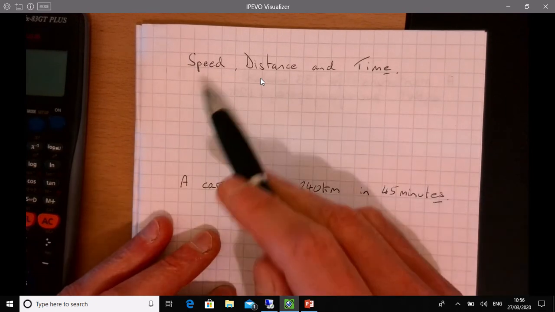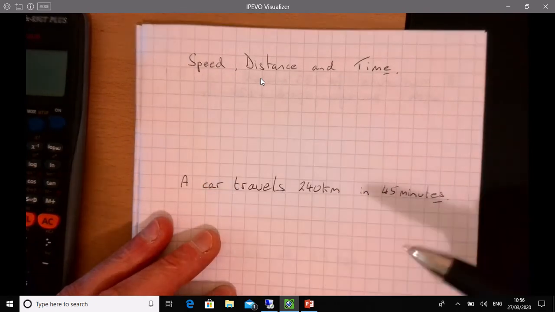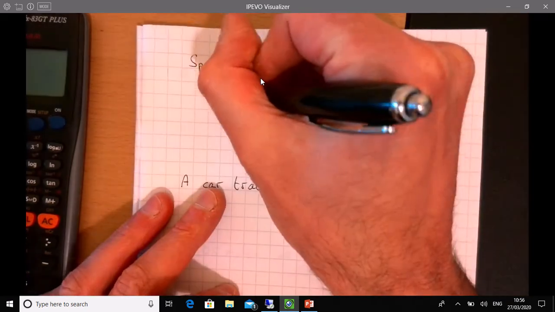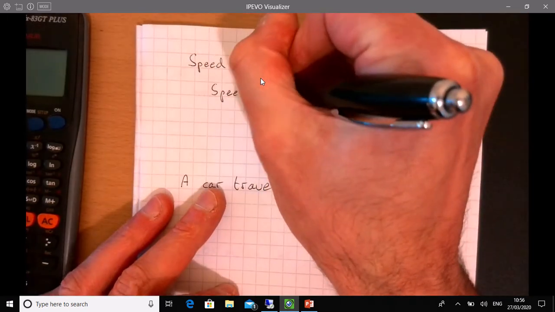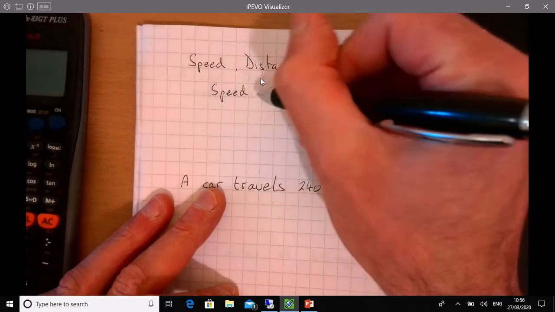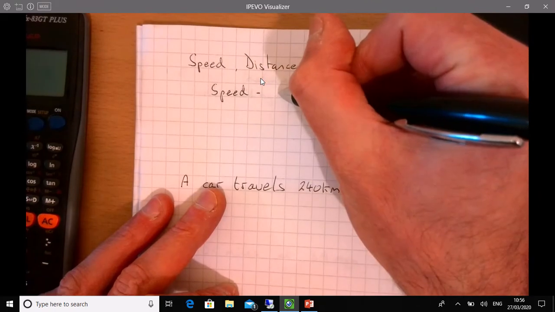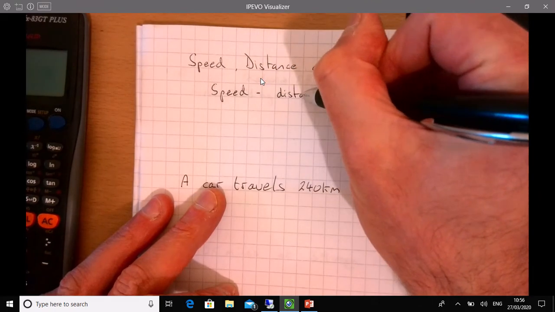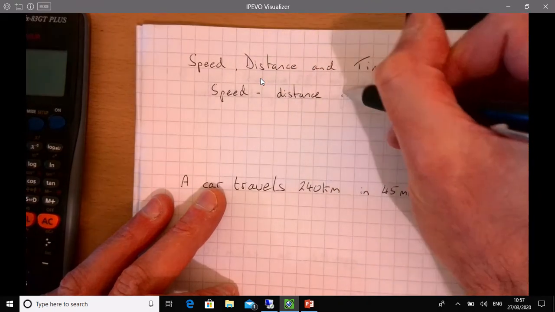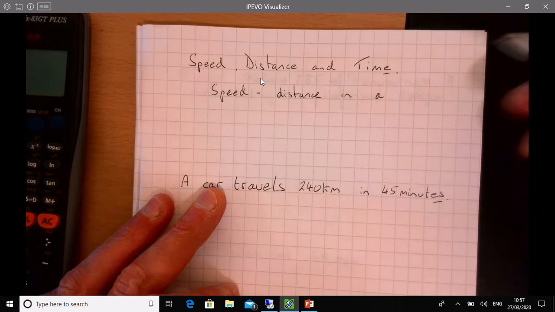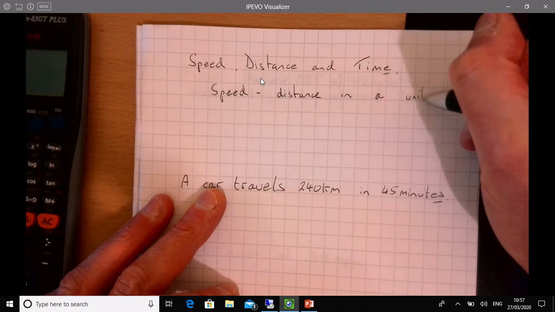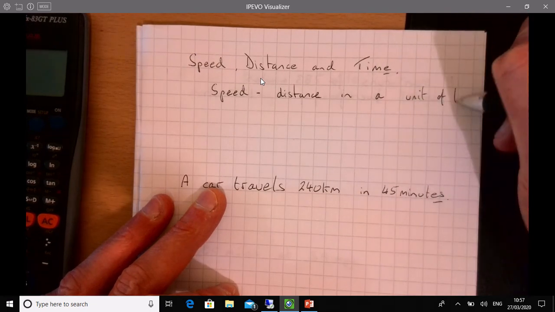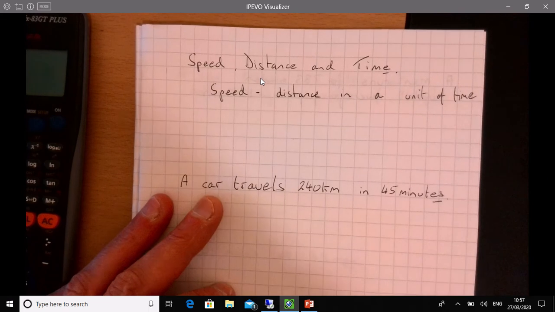So if you think about, well, what is speed? Speed is, if we just think about that for a second, speed is the distance in a unit of time.